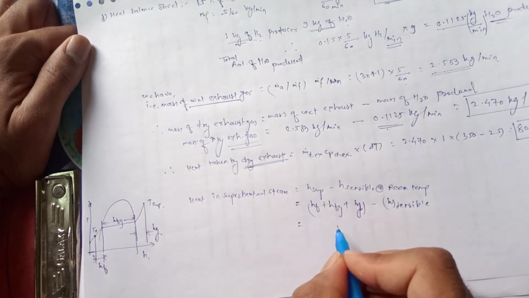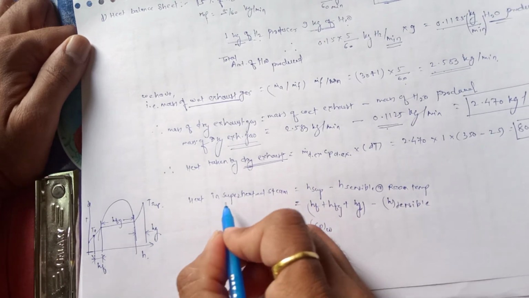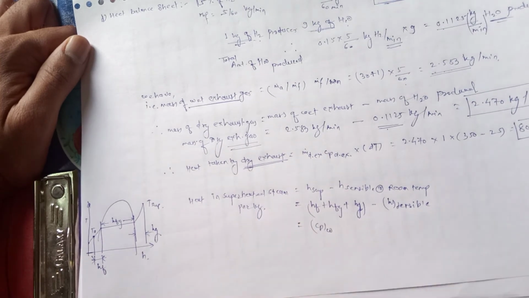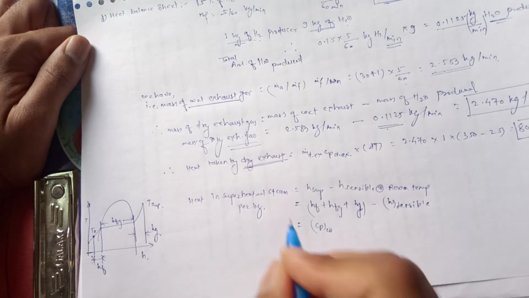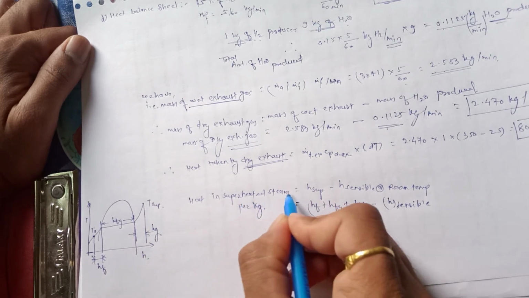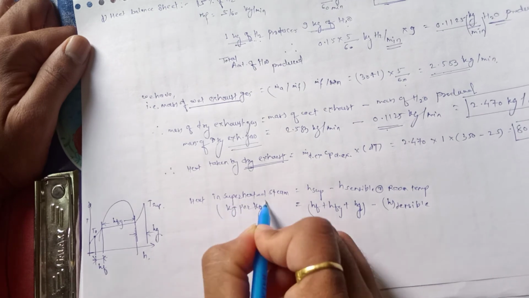So this Cp of water, now this is the heat in superheated steam per kg, in kilojoule per kg.